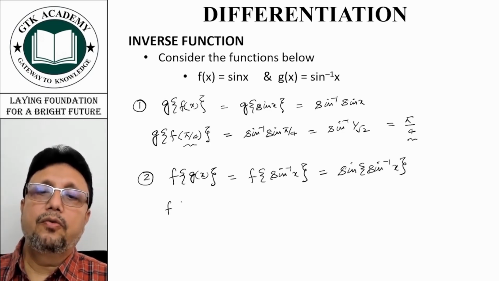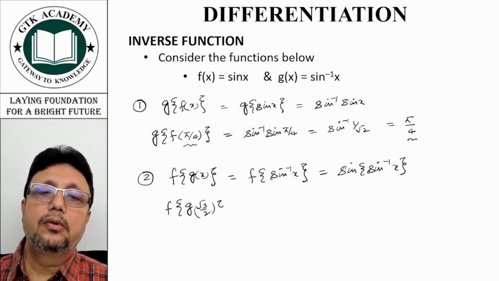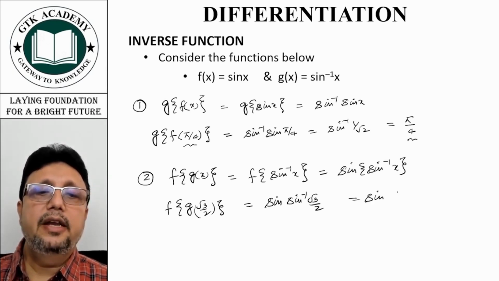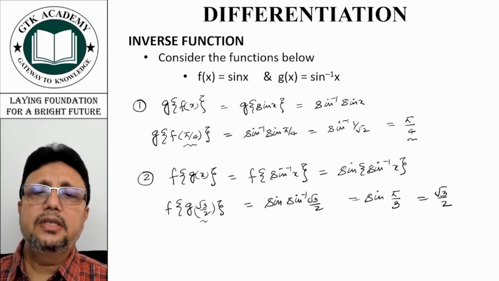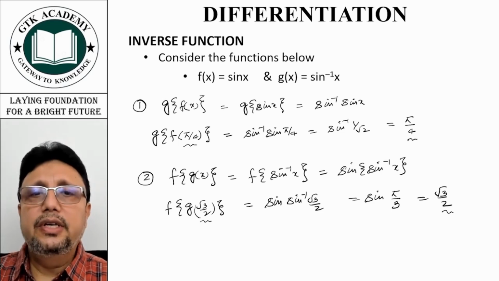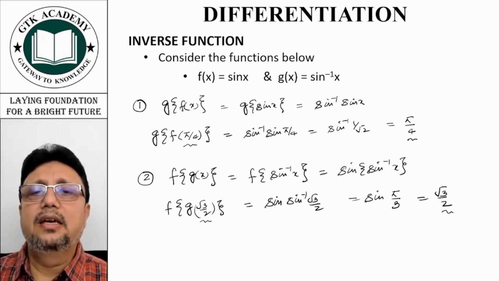Now put any value of x here, say root 3 by 2, which is equal to sine of sine inverse root 3 by 2, which is equal to sine of pi by 3, because sine inverse root 3 by 2 is pi by 3, and this again is equal to root 3 by 2. So here you can see f of g of x is also equal to x. So they are inverse of each other, but we missed one thing.